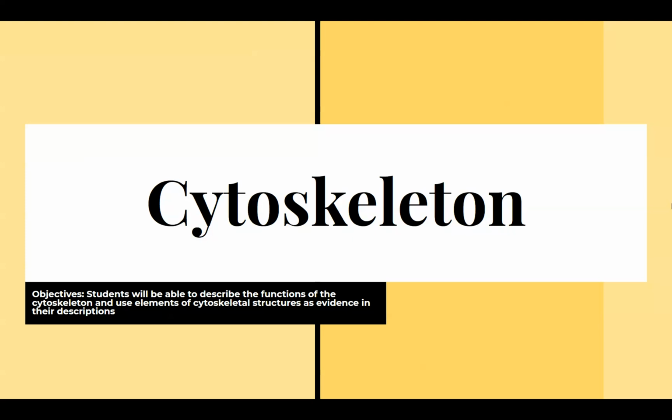So again, it will not all just be me talking, but the goal for today is for you to be able to describe the functions of the cytoskeleton and use elements of their structures as evidence to support your initial description. So tell me why or how the cytoskeleton works and why its shape allows it to do that work.